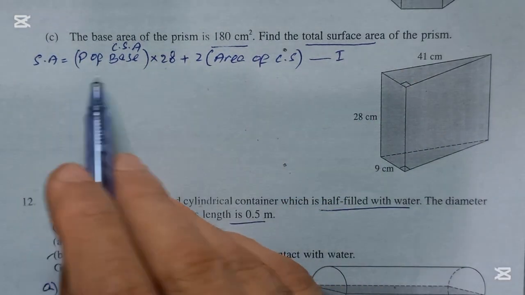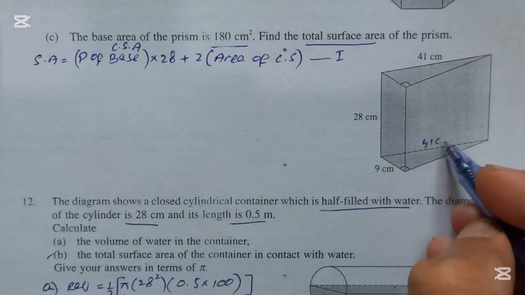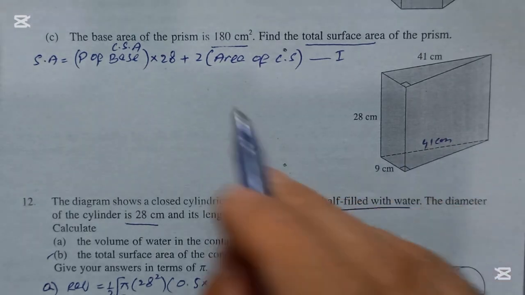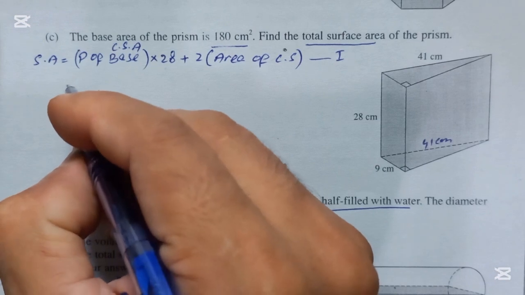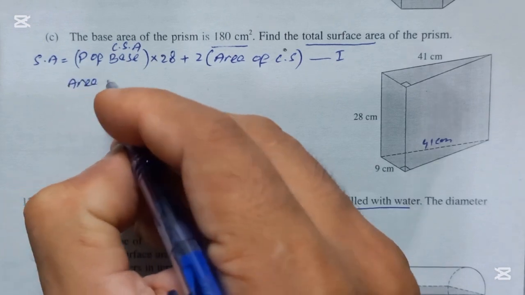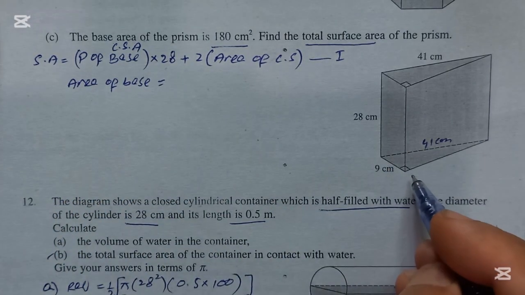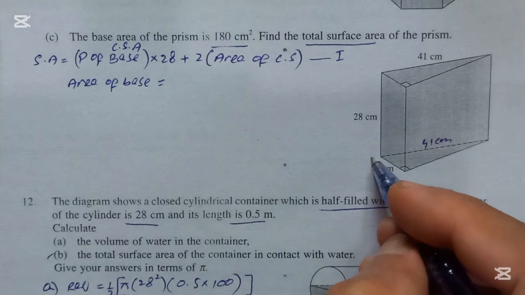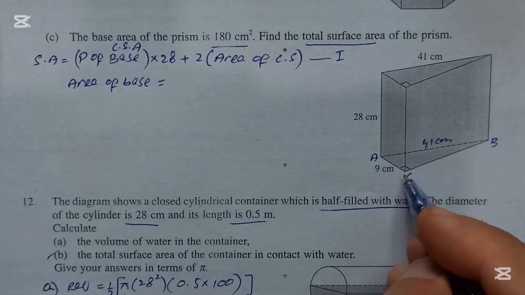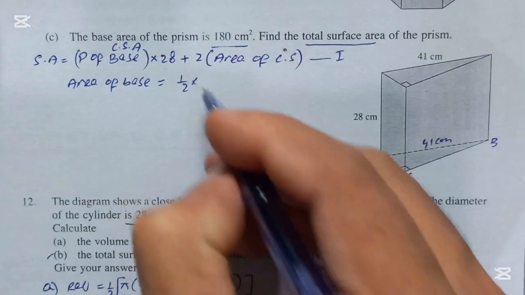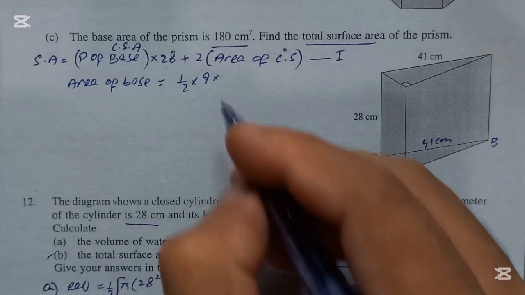So the perimeter of the base area is required. This side is 41, this is 41, but one side is missing, and it is given that the base area of the prism is 180. The area of the base is actually a triangle. Name it first, A, B, C. If this is the base, then 1 by 2 into 9 into the perpendicular height, which is BC.